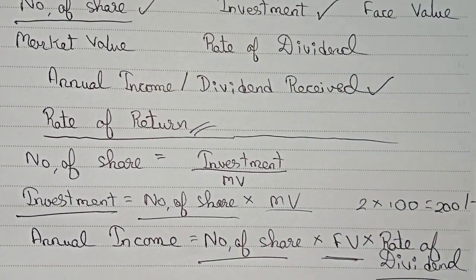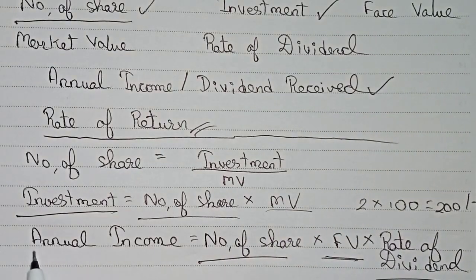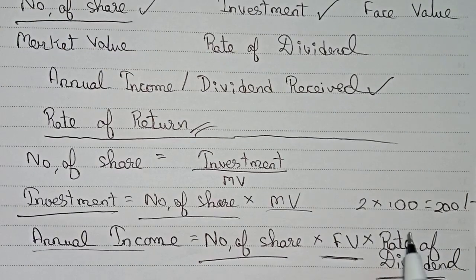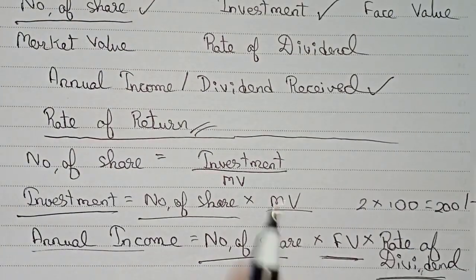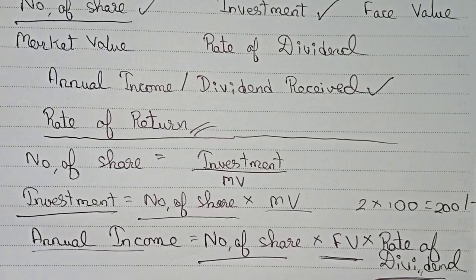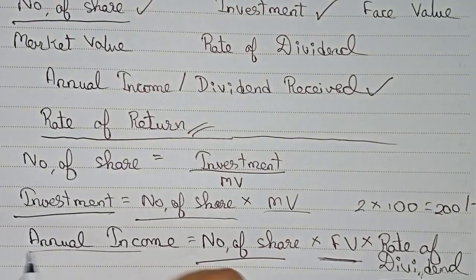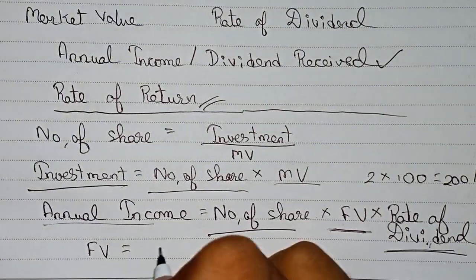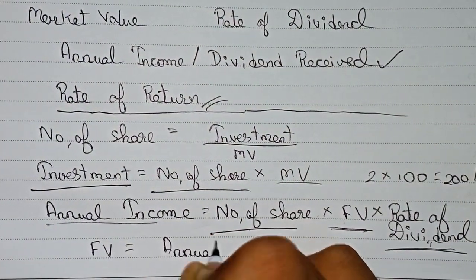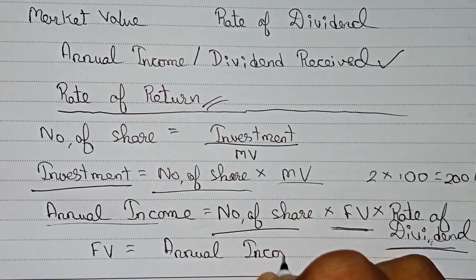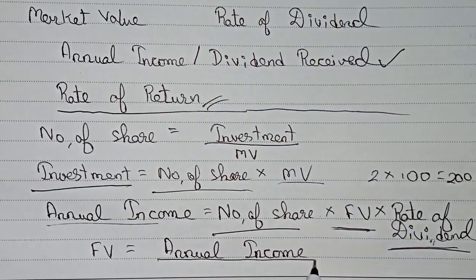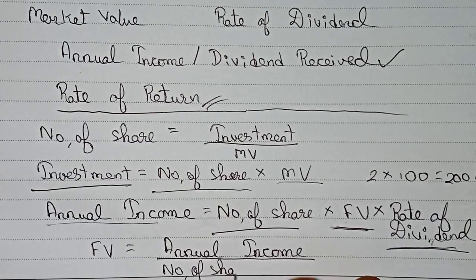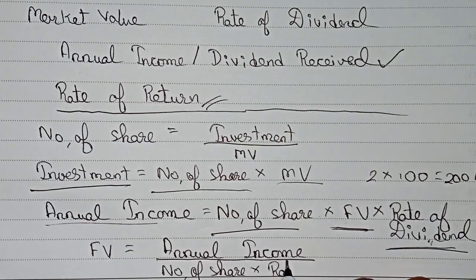Now from here we can see face value and rate of dividend. With the same formula we can easily find out face value and rate of dividend if the other information is given. So face value is equal to annual income by number of share into rate of dividend.